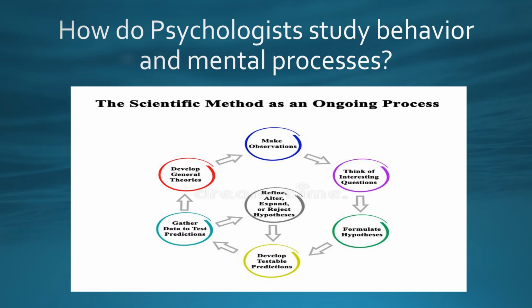So the way you do that is by gathering data to test your predictions, and then you develop a general theory. If your predictions were correct, you may go with one theory. If they were not correct, you may go with another theory. And then that method, as you can see, repeats itself over and over. You keep asking more questions and doing more research until you get more refined or detailed answers.